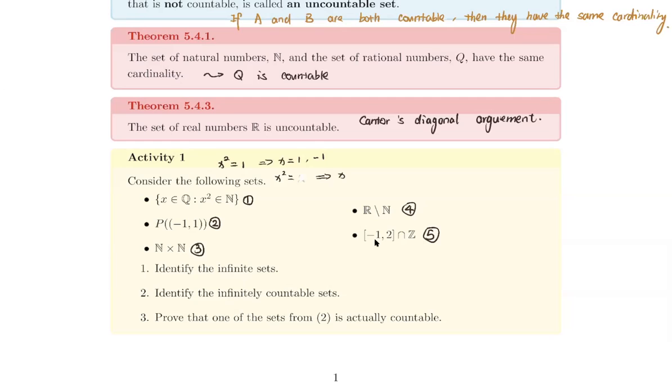Sorry. So the next one will be 4. What's x? Plus or minus 2. And then x squared equals 9, and we have plus or minus 3.